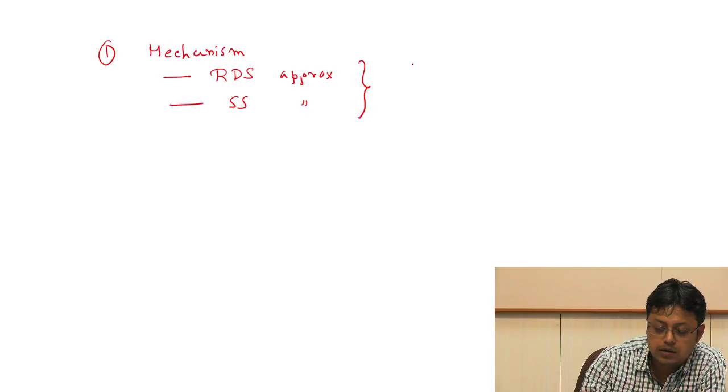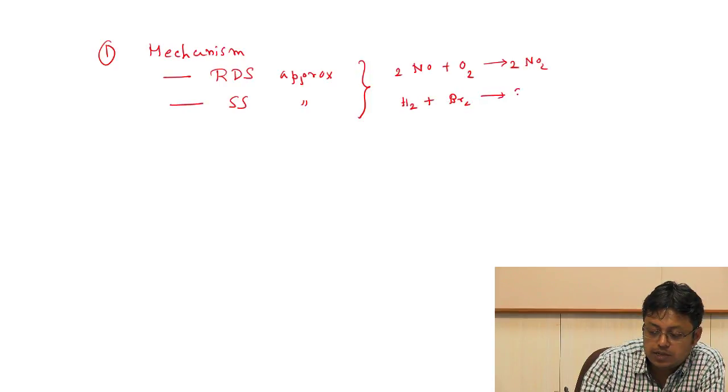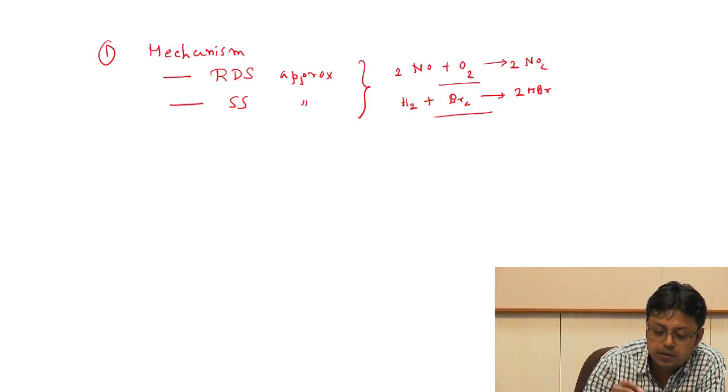One was nitric oxide going to NO2, which is apparently simple, and the rate laws are also simple, but we showed that it can have very different mechanisms, both of which can predict the same observed rate law. The other one was H2 plus Br2 in gas phase reaction to HBr, which looks very simple, but the rate law was fairly complicated. But we proposed a mechanism, and that successfully explains the rate law that we discussed.